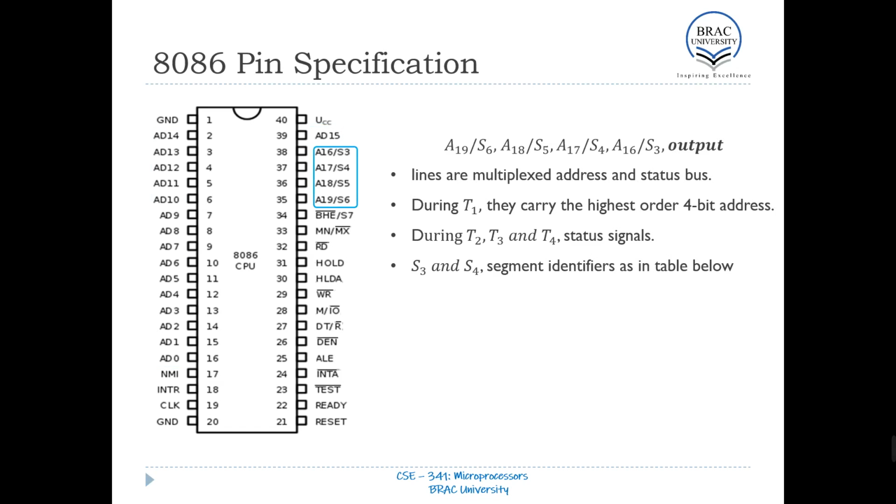We know that an address is 20 bits long. We have seen that AD0 to AD15 pins carry 16 bits of the address. The remaining 4 bits, which are the highermost bits, are carried by the pins 35 to 38. Pins 35 to 38 are also multiplexed like the AD pins, meaning they can serve two functions depending on the time period.